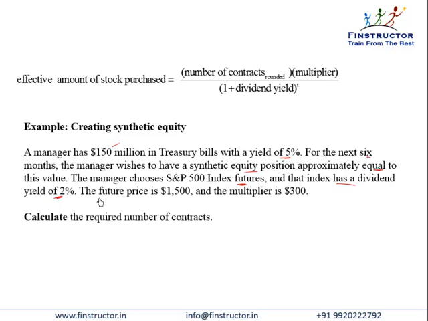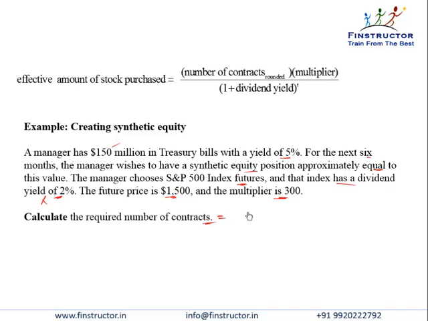The futures price is $1,500 and the multiplier is $300, calculate the required number of contracts. Please note the dividend yield of 2% makes no difference to the calculation, okay? It is just a distractor. So please solve the question as you have studied.